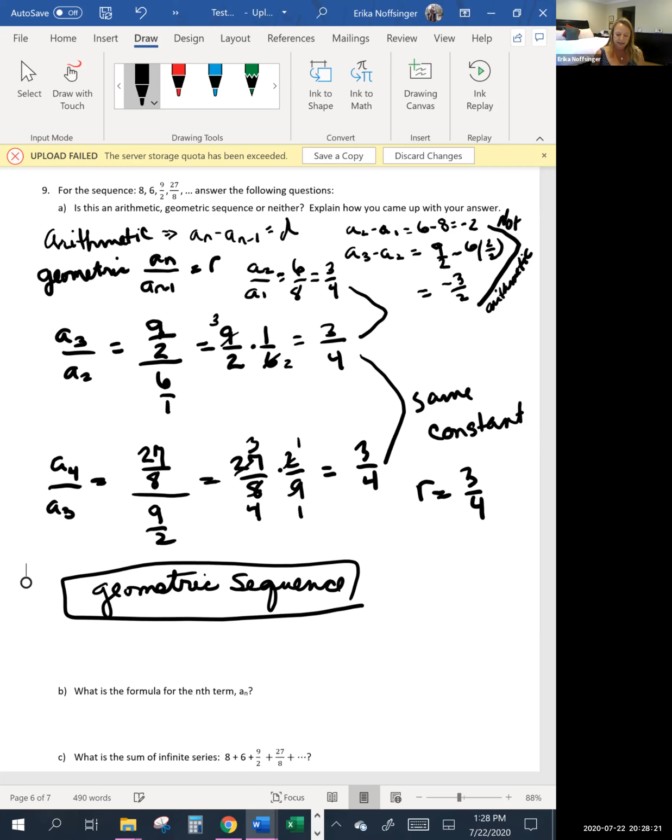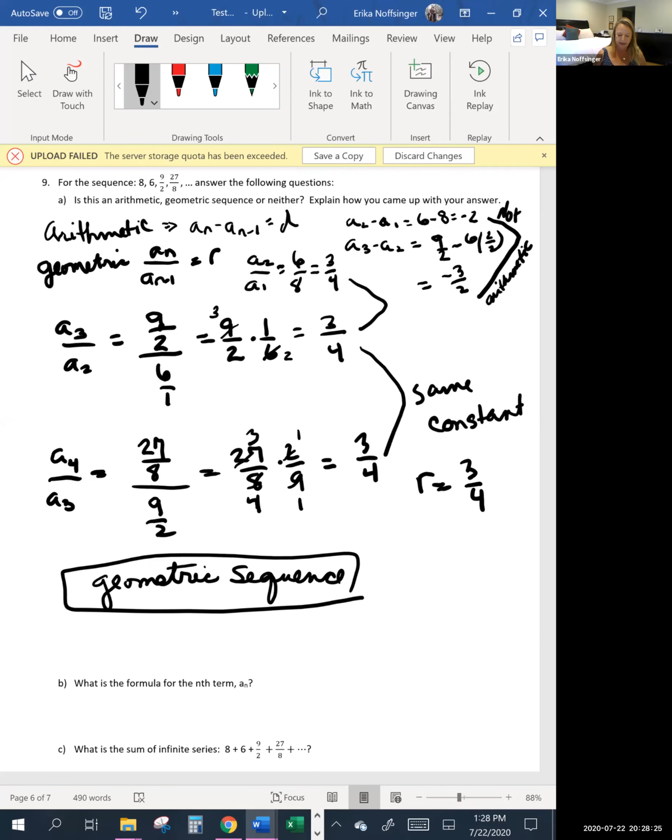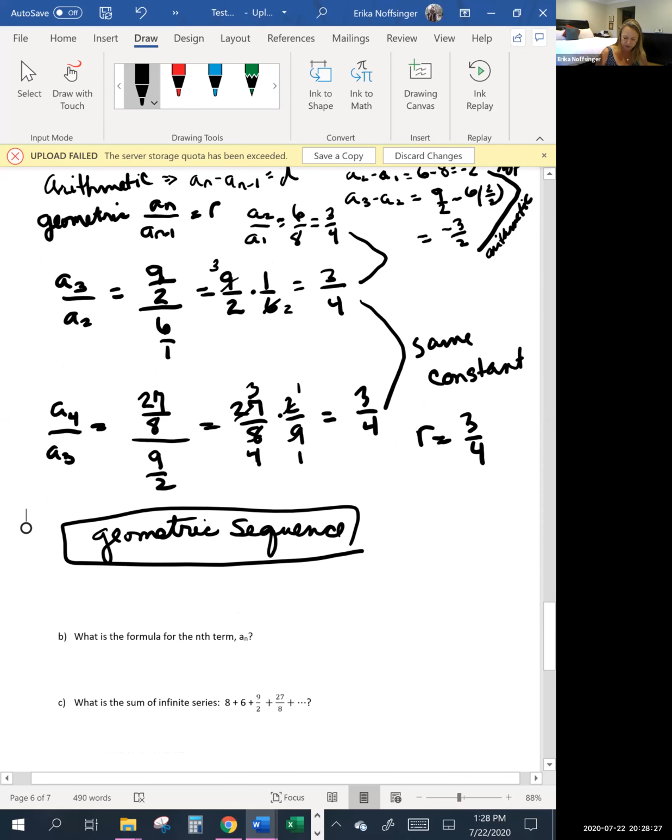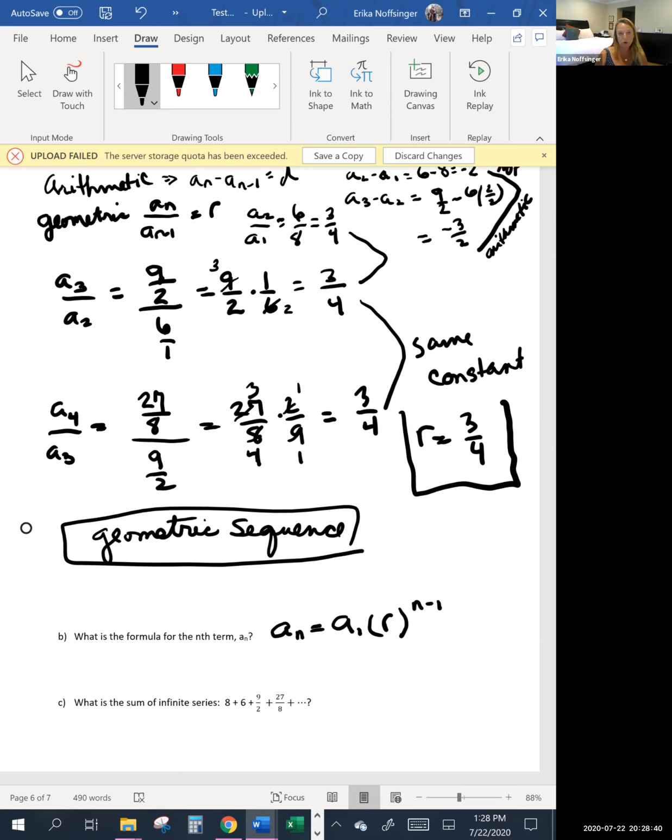So then it asks, what is the formula for a sub n? Well, it's geometric, so we know a sub n is in the form of a sub 1 times r raised to the n minus 1 power. By going through what we just did, we figured out what r is. Our common ratio is 3/4.